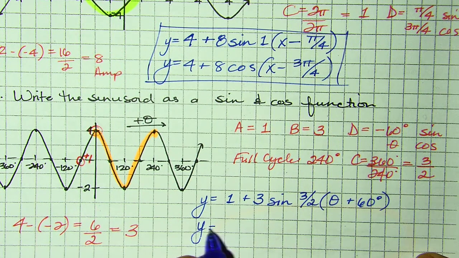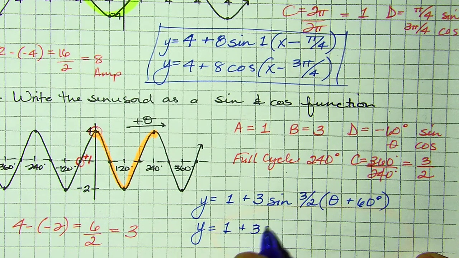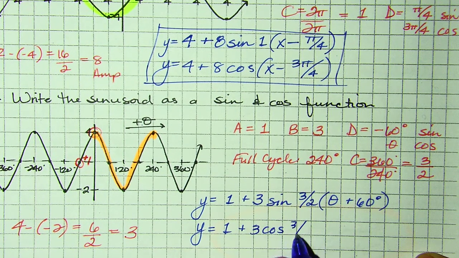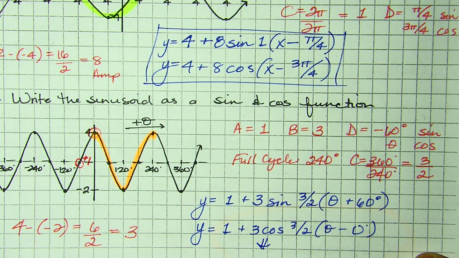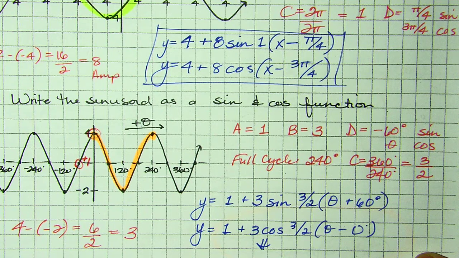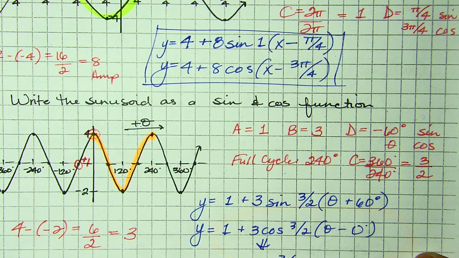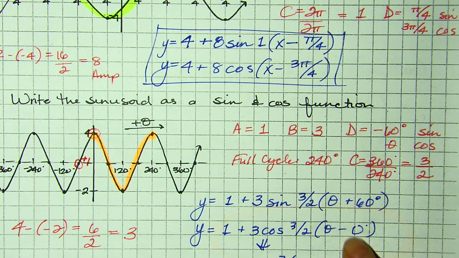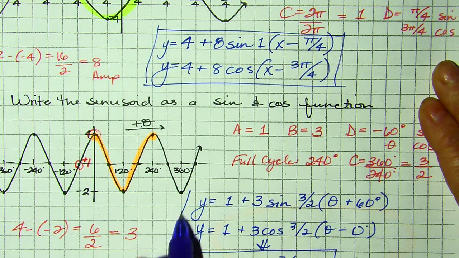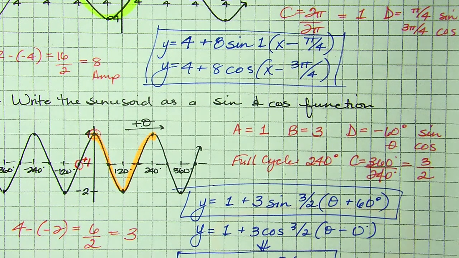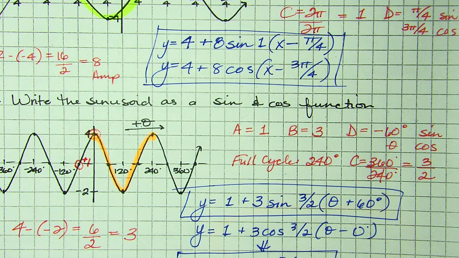And then cosine is 1 plus 3 cosine, 3 over 2, and this would be theta minus 0. So that can be rewritten as y equals 1 plus 3 cosine, 3 over 2 theta, minus 0. I don't need it. So this is cosine, this is sine. And that completes our section.